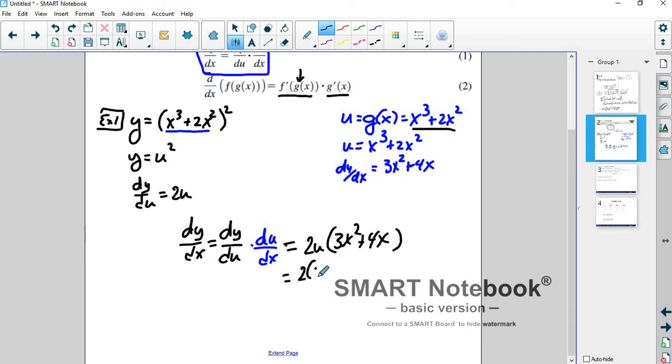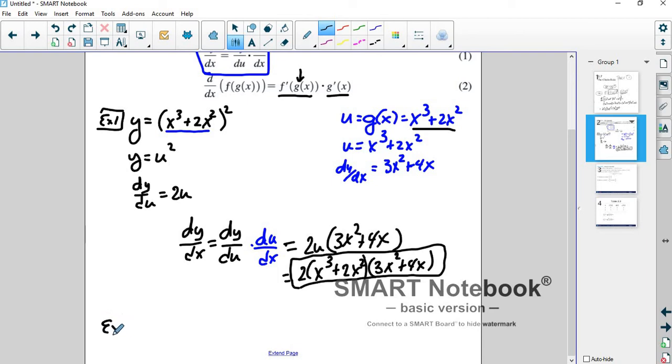It's 2 times the group x cubed plus 2x squared, that's the u, and then that's times 3x squared plus 4x. Okay? So what happens is we do one rule at a time, and that is the key to being successful with the chain rule. You do one rule at a time. Okay?